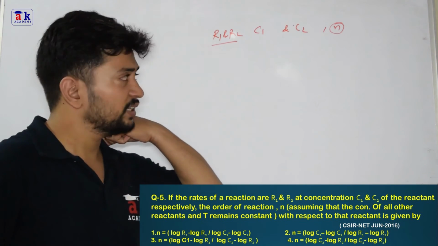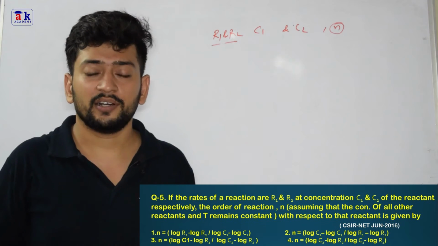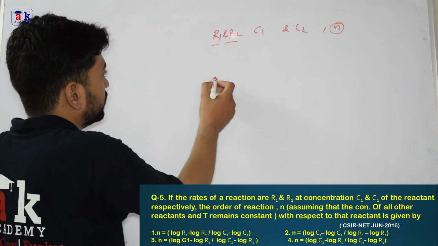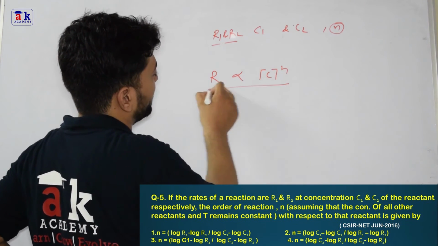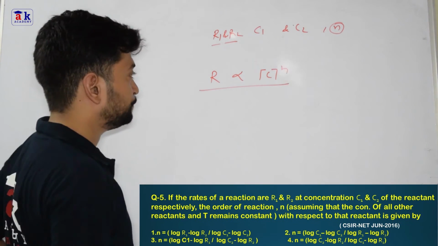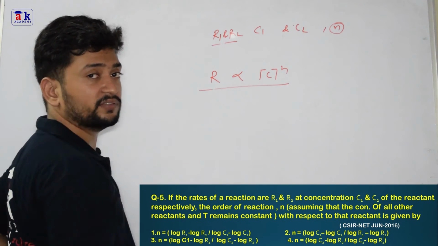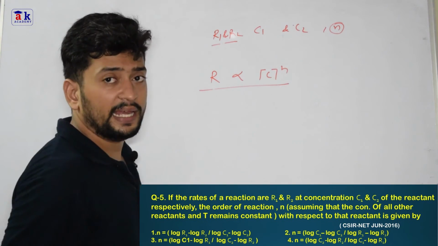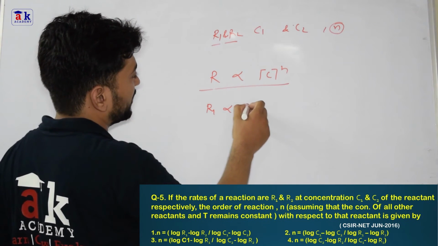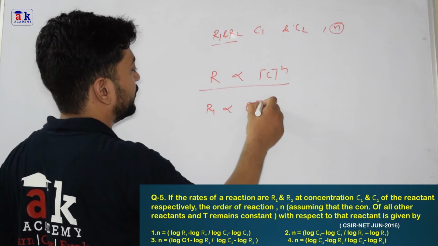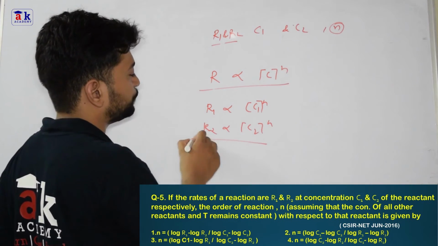In this case, the rate will be directly proportional to the concentration raised to n, where n is the order. So R1 is directly proportional to C1 raised to n, and R2 is directly proportional to C2 raised to n.